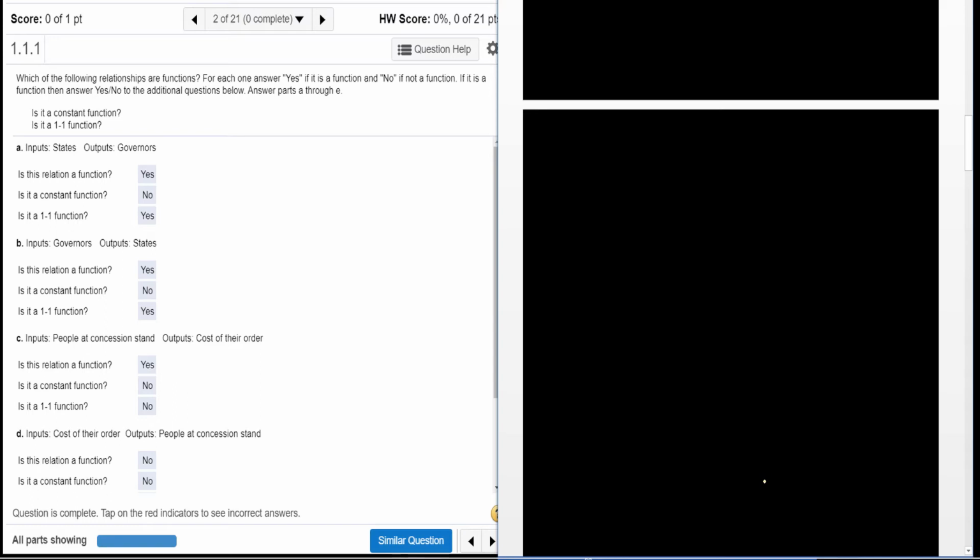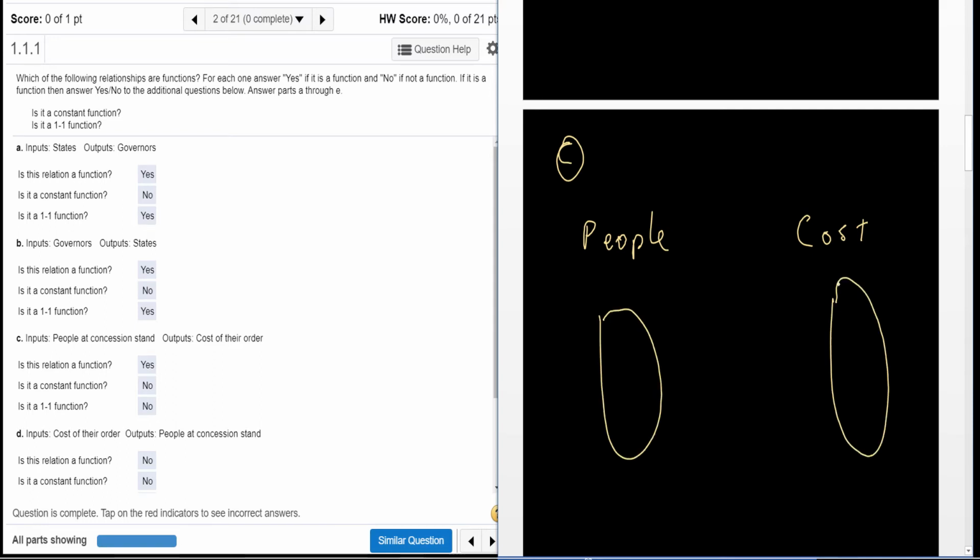And for C here, you have people at a concession stand. So you have the people here for my inputs. Then the outputs are the cost. So when the people are in line to buy something, does each person have a cost? Yes, each person will have something that'll cost something. So it is a function.